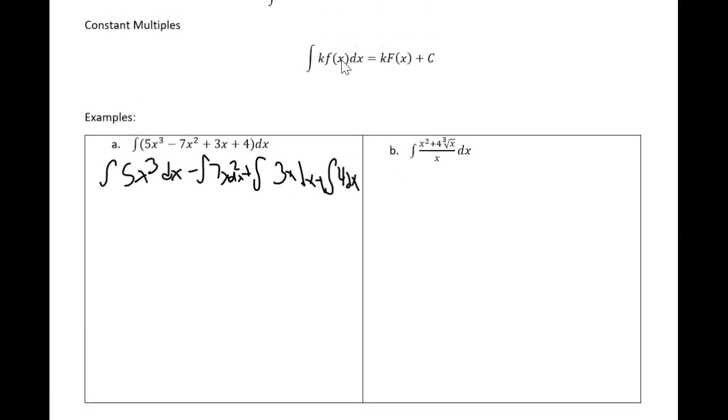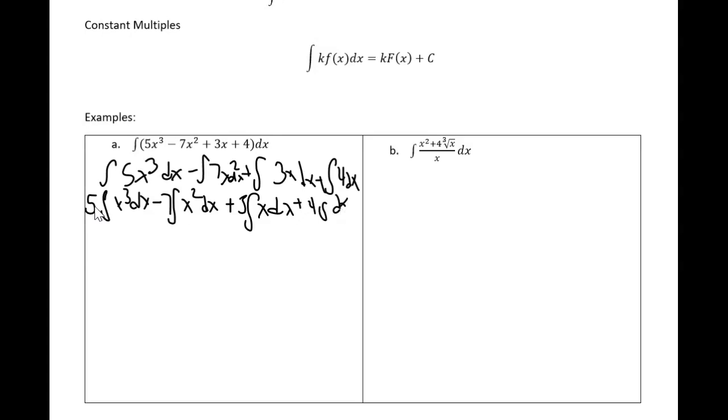Then we can take out, using our constant multiple rule, each of those coefficients. So this is 5 integral x cubed dx minus 7 integral x squared dx plus 3 integral x dx. And then this one, I guess it's plus 4 integral dx.